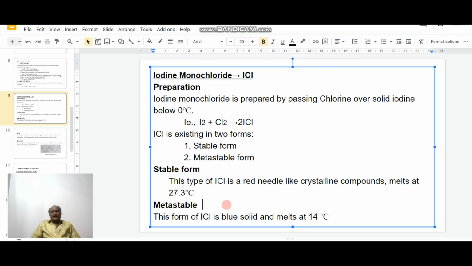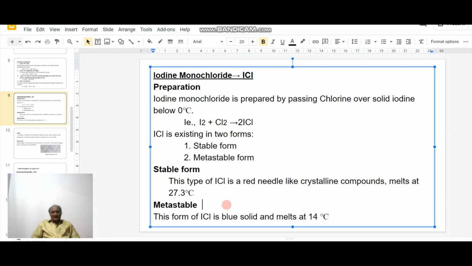That is, I2 combining with Cl2 forms 2 moles of iodine monochloride. 1 mole of iodine combining with 1 mole of chlorine gives rise to 2 moles of iodine monochloride.